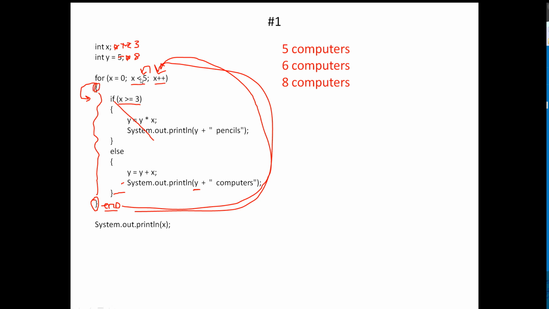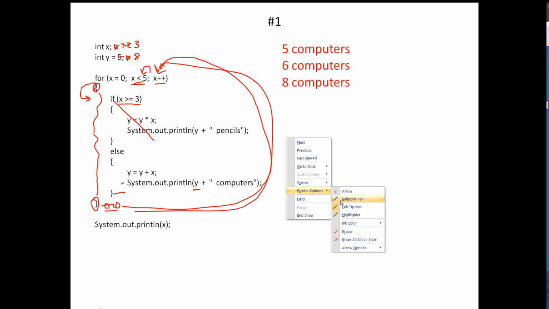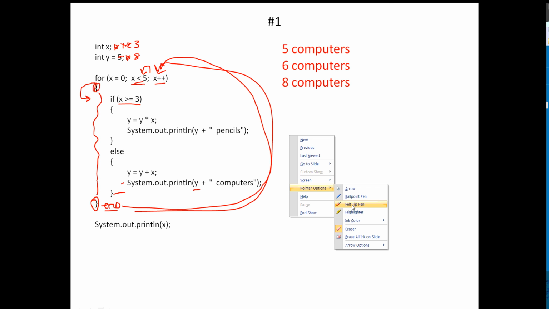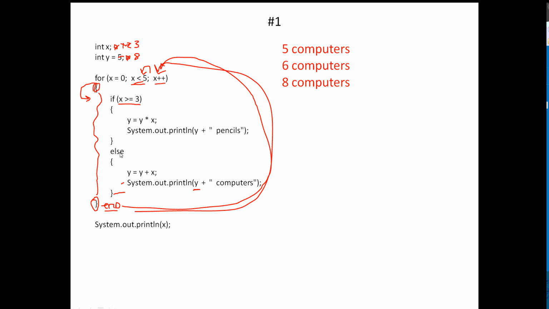It's true in here, so we jump back into the loop. 3 is greater than or equal to 3, so now at this point we can actually do the if part. So we are going to do the if and not the else this time through, because you only do one or the other.